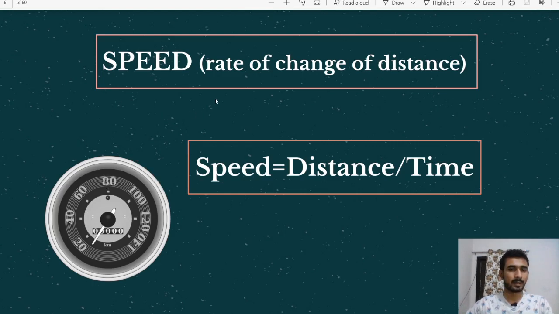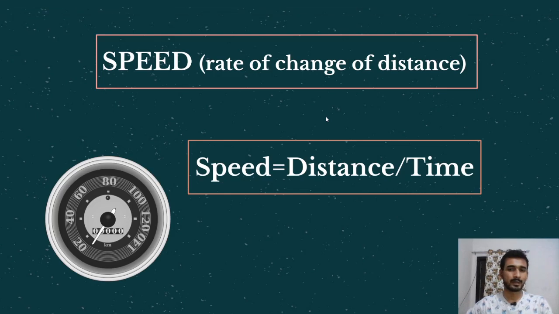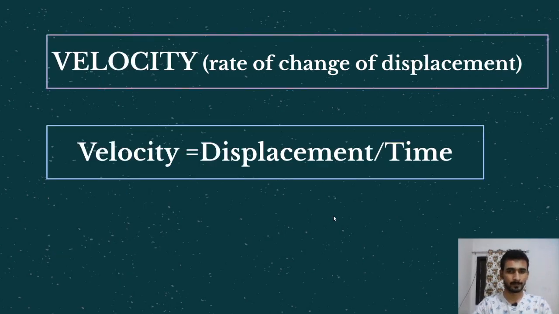Speed is defined as the rate of change of distance, which is simply the change in distance upon time. For example, if you cover 10 meters in 1 second, then your speed is 10 meters per second. Here also comes velocity.